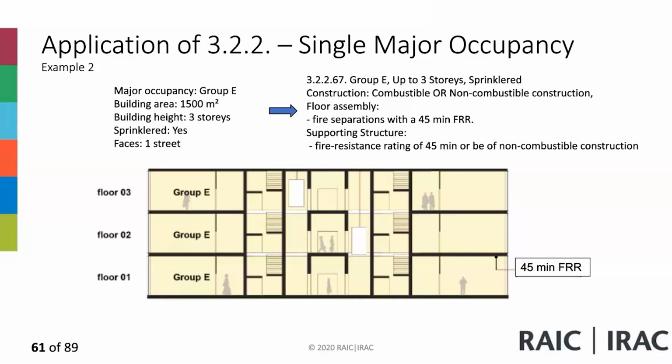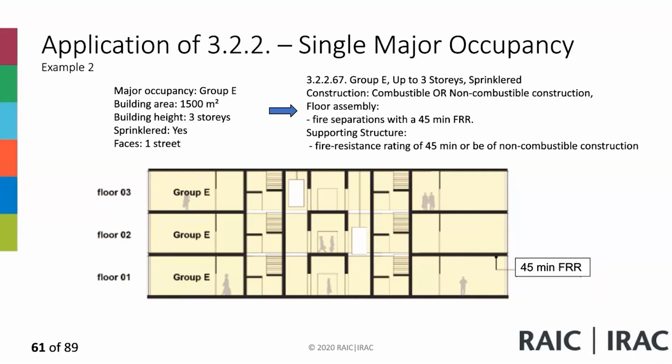And for the floor assemblies, we've got 45 minutes. For load-bearing columns, arches, walls, it's 45 minutes as well, and that's an 'or' or an 'and'? If you look here, supporting structure: load-bearing walls, columns, and arches supporting an assembly required to have a fire resistance rating shall have a fire resistance rating of not less than 45 minutes or shall be of non-combustible construction.